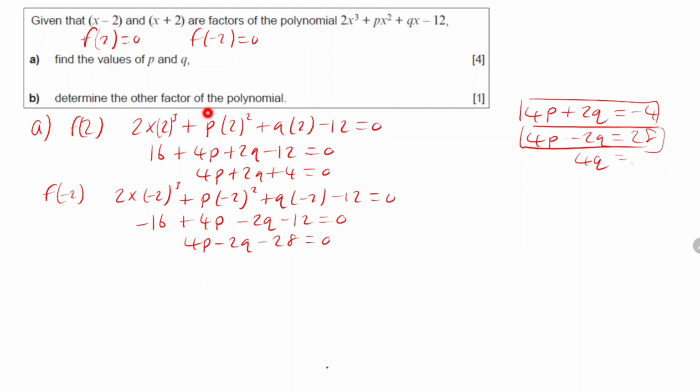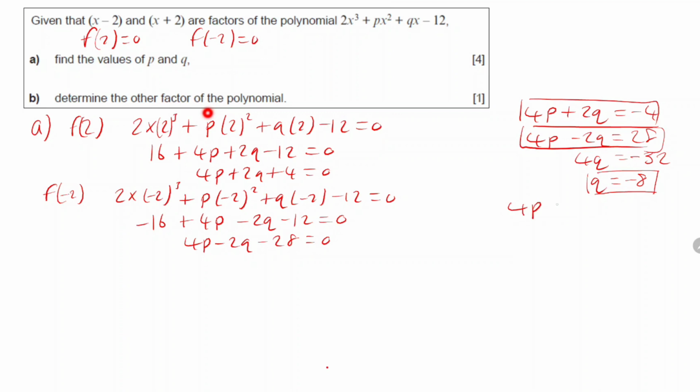Minus 4 minus 28 gives us minus 32. Let me just double check that, sorry. So 2q minus minus 2q is 4q. Minus 4 minus 28 is minus 32. So q is equal to minus 32 divided by 4, which is minus 8.